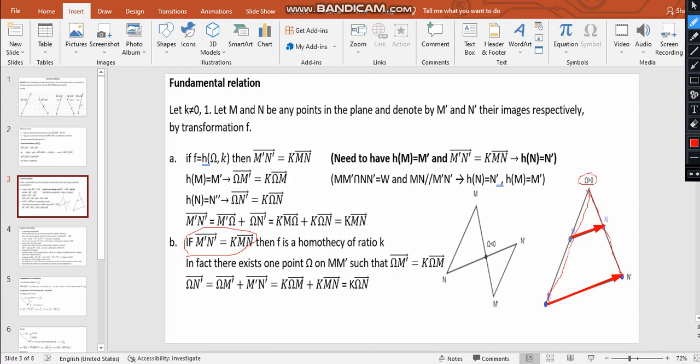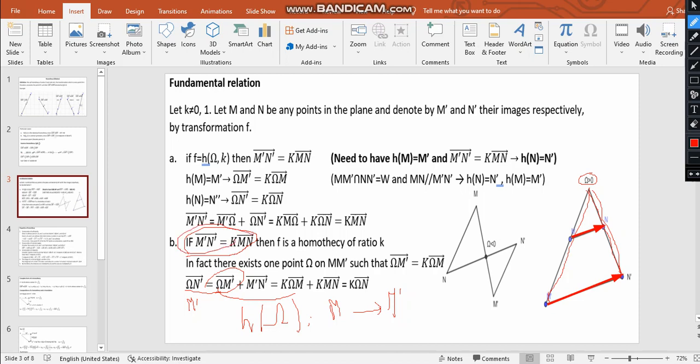We can say there exists at least a homothety of center omega that transforms M to M prime. We want to show that it also transforms the point N to N prime. Why? Because omega N prime, if you introduce N prime between the two, omega M prime is K omega M, and M prime N prime is K MN, so we get K omega N.